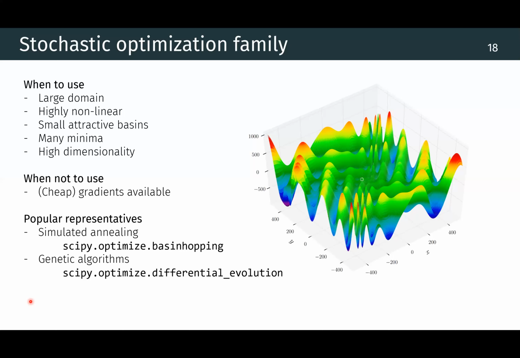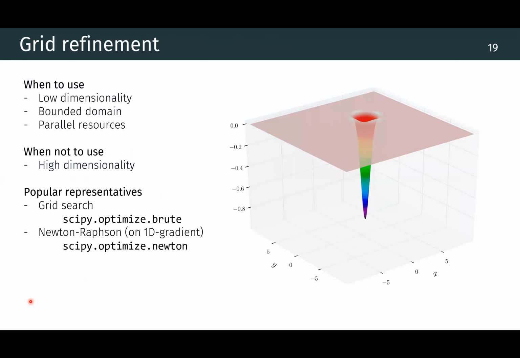The last algorithm I want to present was this grid refinement concept. This is helpful, for example, for a minimum like this. If we again look at the function, there is nothing happening for a large part of the search domain, and then there is a fairly narrow minimum that you'd like to reach.